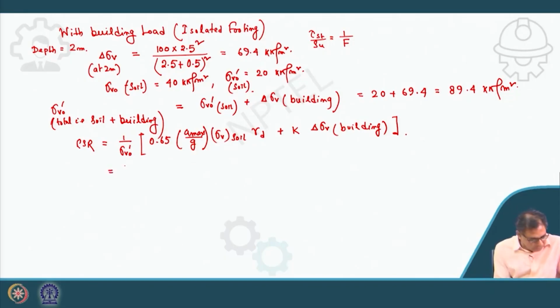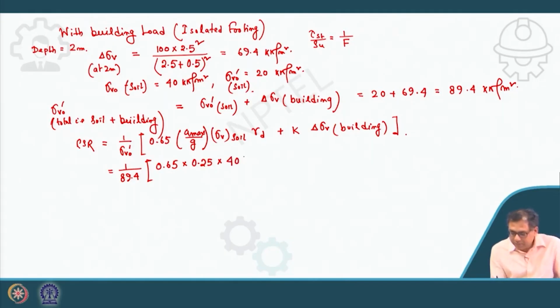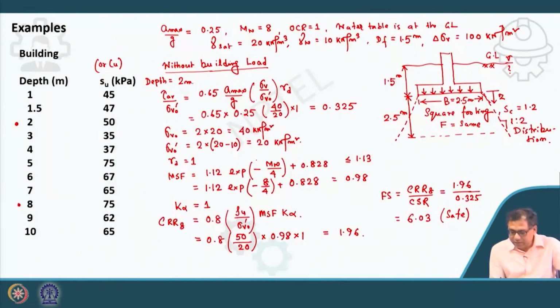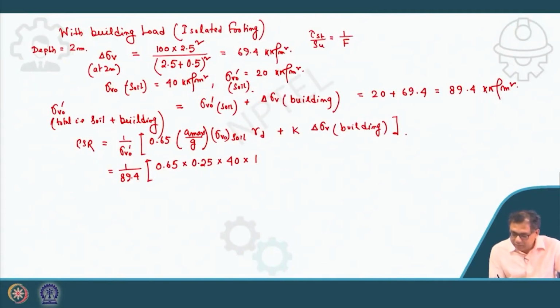So that will be 1 by sigma V dash is 89.4, 0.65 into 0.25, sigma V for soil total is 40, RD is equal to 1 at 2 meter, sigma V 0 is 40, then plus K is 0.2 and building del V at 2 meter depth.